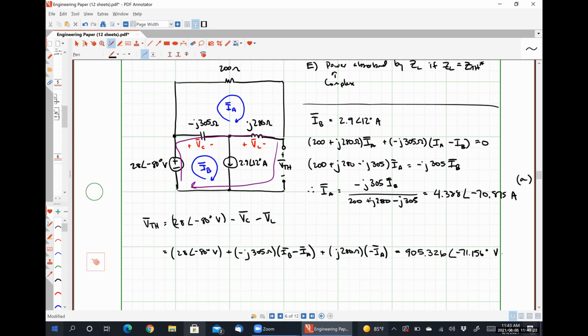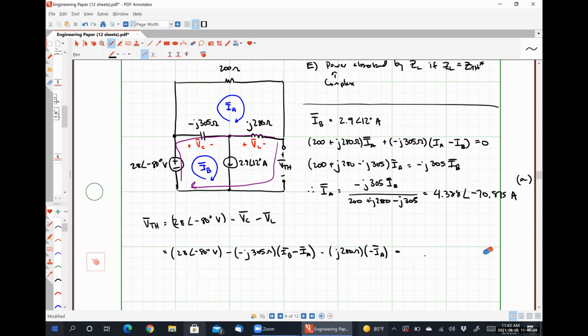So that's where those negative signs come from. Oh, I see what you're saying there. Yeah, you added them. I got 850 with an angle of 109, which is exactly what you're supposed to get. Thank you. Okay, so I just made a dumb math mistake there. I added them instead of subtracting them. Thank you so much. No problem.